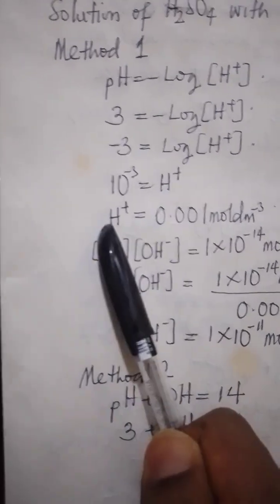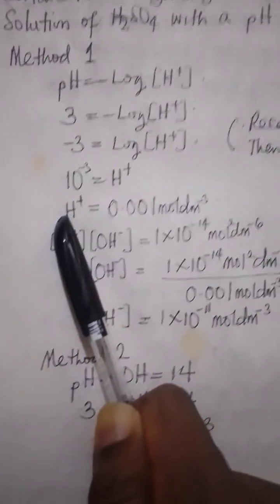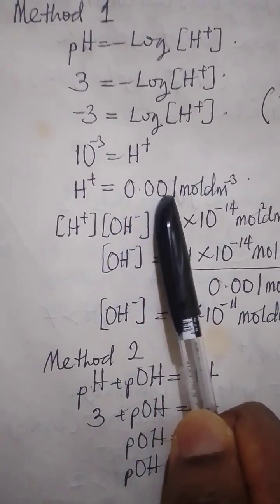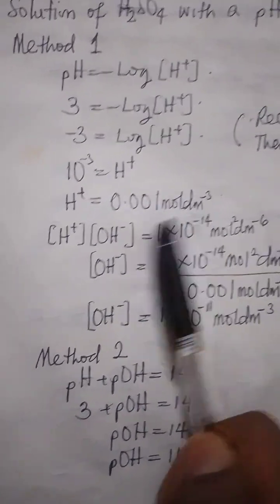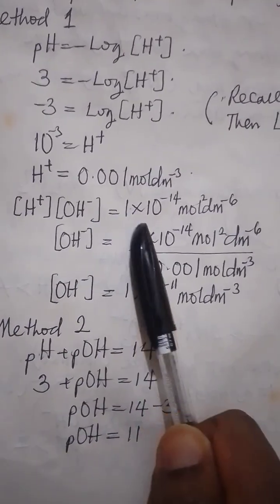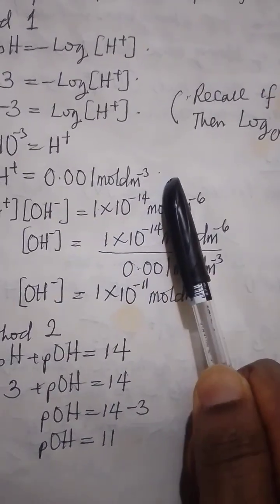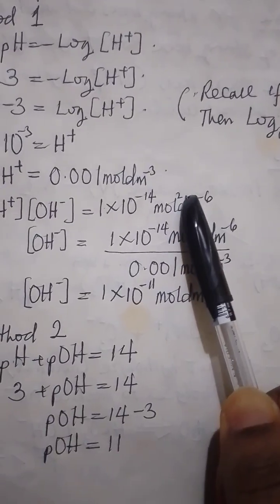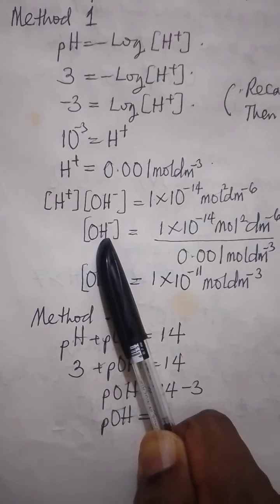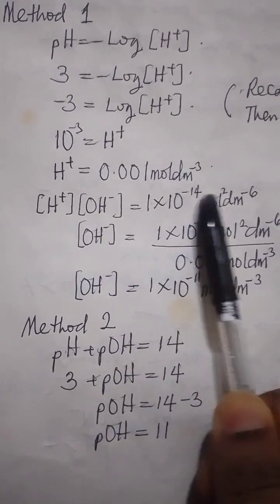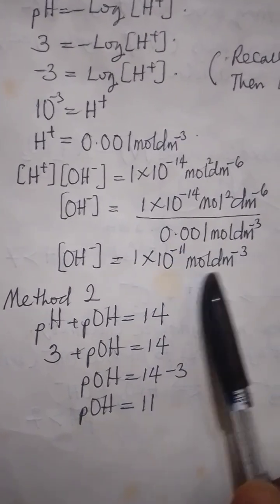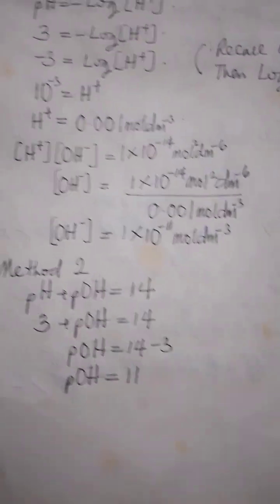Of course, H plus, which is the concentration of hydrogen ion, is 0.001 mole per dm cube. The concentration of hydrogen ion multiplied by the concentration of hydroxyl ion will give us 1 times 10 to the power minus 14 mole squared dm to the power minus 6. So the concentration of hydroxyl ion will now be this divided by that value. And eventually we have 1 times 10 to the power minus 11 mole per dm cube.